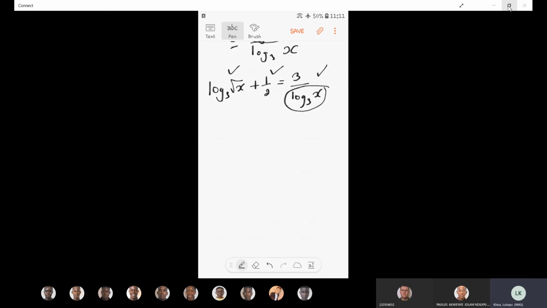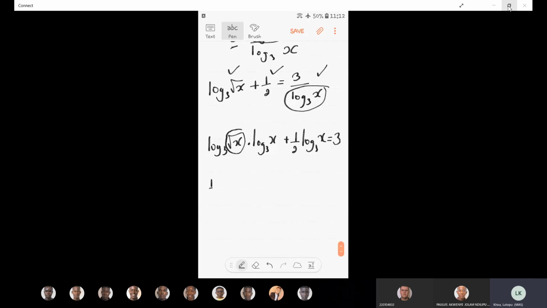So when I multiply that, what I have is now log base 3 square root of x, times log base 3 of x, plus half log base 3 of x, equal to 3. Now here, this square root, I can rewrite it to the power of half and then bring the exponent down.